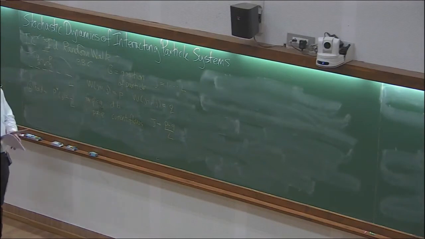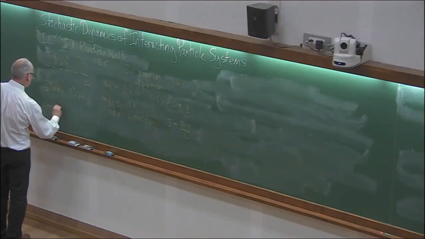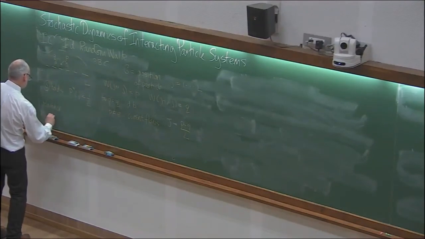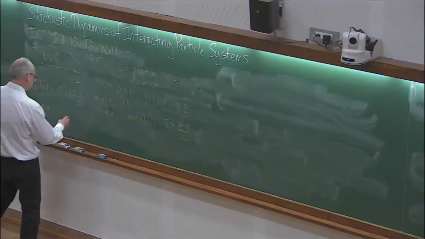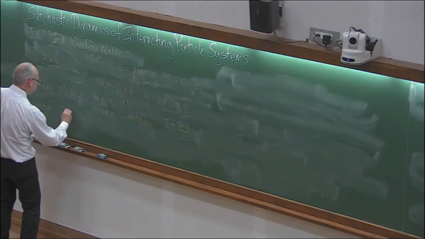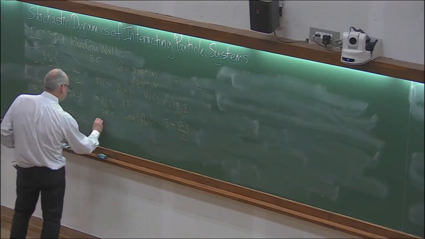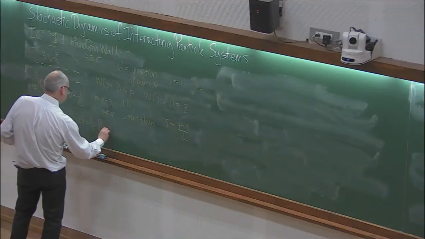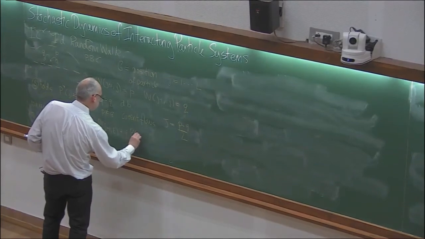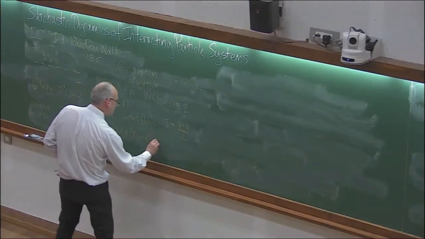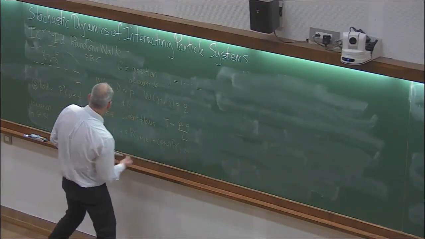Now let's consider the relaxation. Our forward master equation is d by dt of p_j(t) equals P p_{j-1}(t) plus Q p_{j+1}(t) minus (P plus Q) p_j(t). So that's just the master equation.